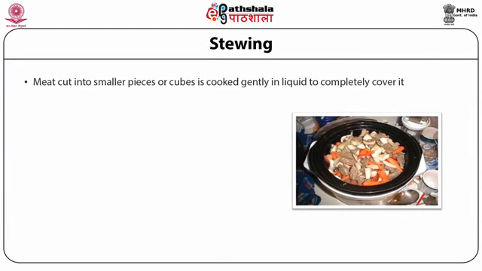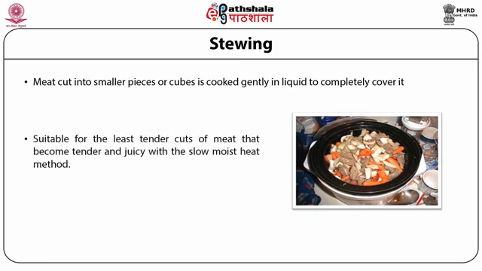Stewing. In stewing, meat cut into smaller pieces or cubes is cooked gently in liquid to completely cover it, and the vegetables are included. A stew can be simmered in a pot on the stove top or cooked in a covered casserole in the oven.